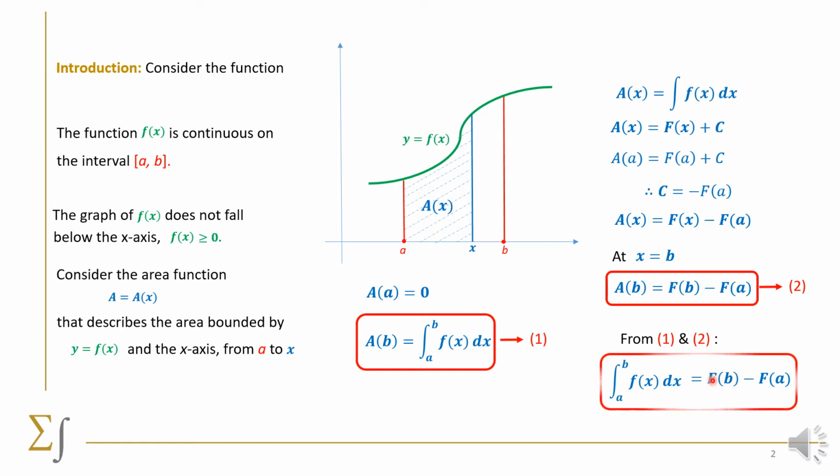And of course, this is capital F. And in the general case, when f of x is any continuous function on the interval from a to b, not necessarily only the ones which are greater than or equal to 0, for any f of x which is continuous on the closed interval ab, we have this, and we call it the fundamental theorem of calculus.